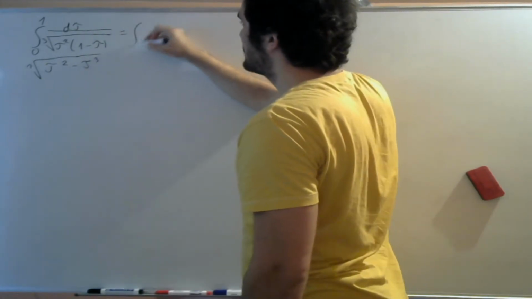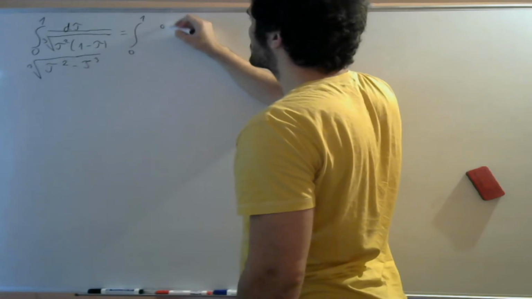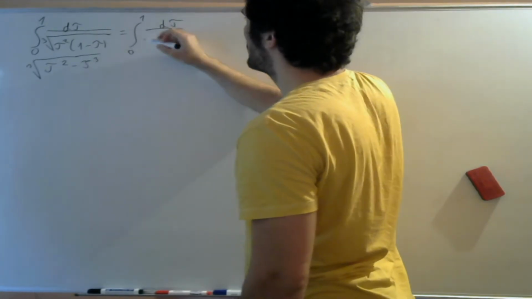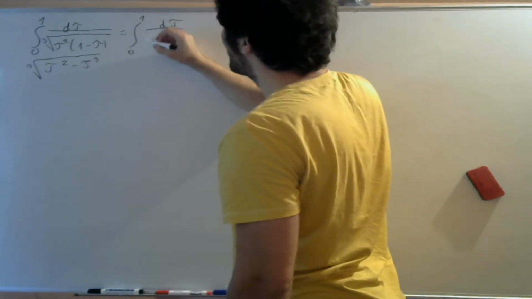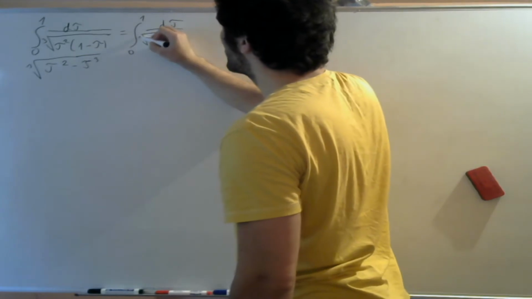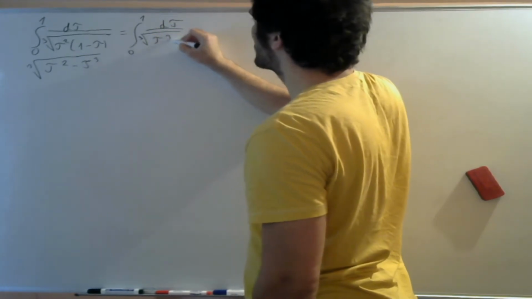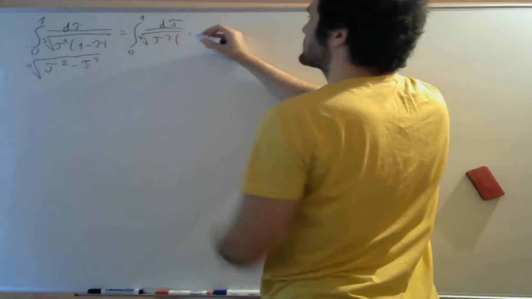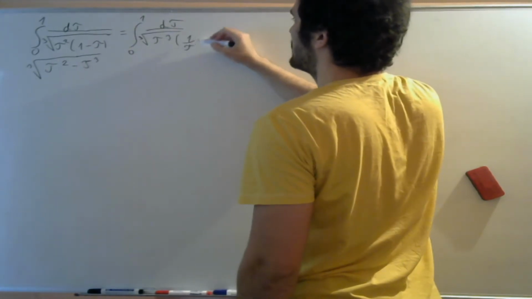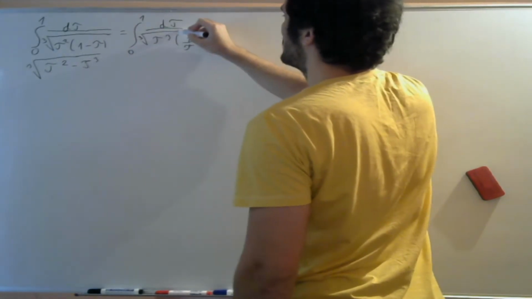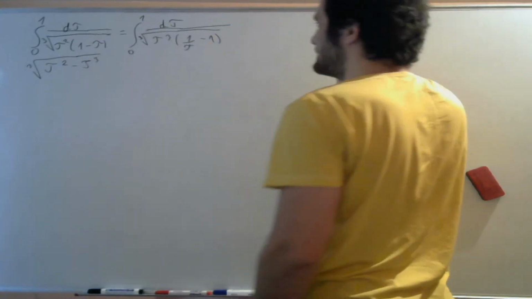So it will equal an integral from 0 to 1 d tau of the third root of tau to the third, and this is just 1 over tau minus 1. We will have it like this.